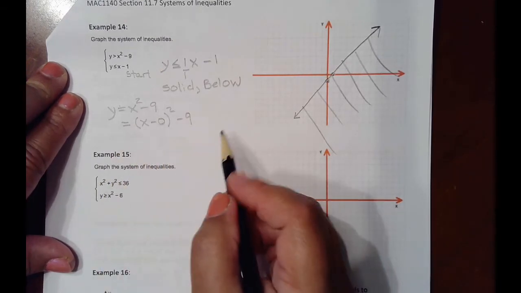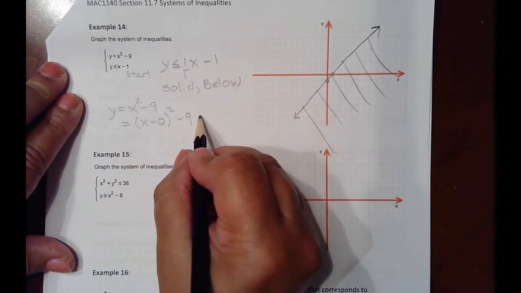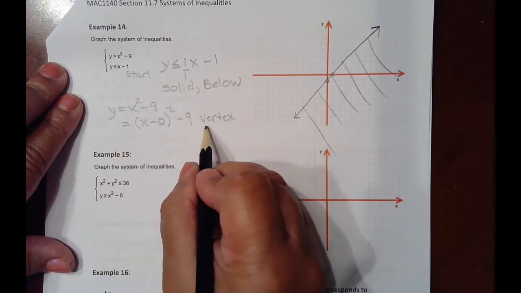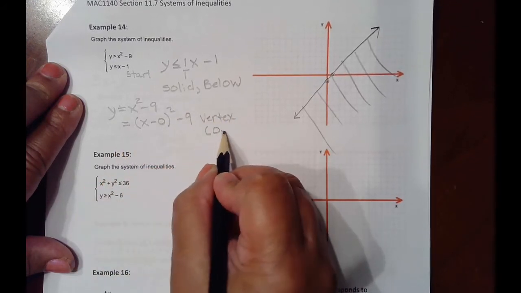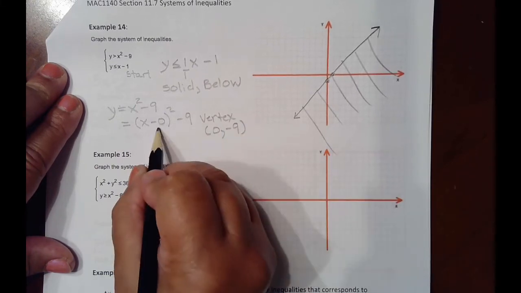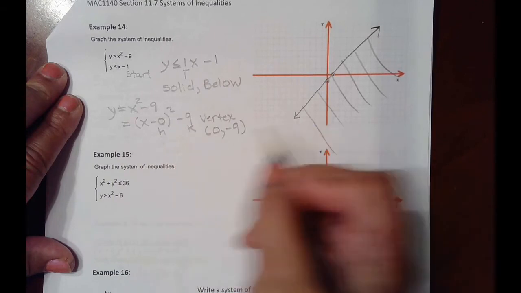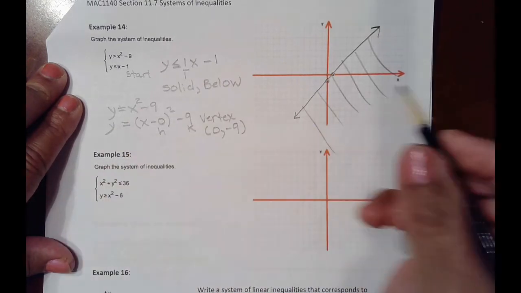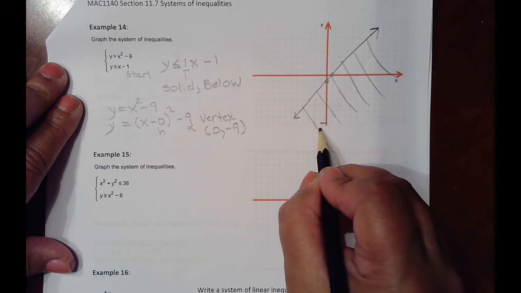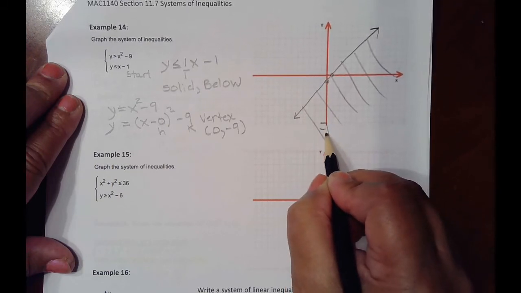When you write it in this standard form, what you're figuring out is the vertex. So the vertex is 0, what comes after the minus sign, and the -9. This is considered h and k, and they spell out the vertex. So (0, -9). This is -8 right here, so go down one more.